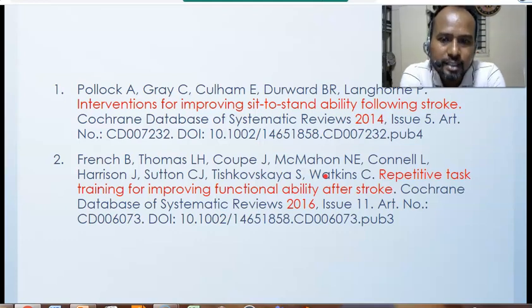The first one is interventions for improving sit to stand ability following stroke. This review is more relevant, as they have reviewed all interventions that target sit to stand ability. The second one is repetitive task training for improving functional ability after stroke, and in this review they looked into all function, not just sit to stand.